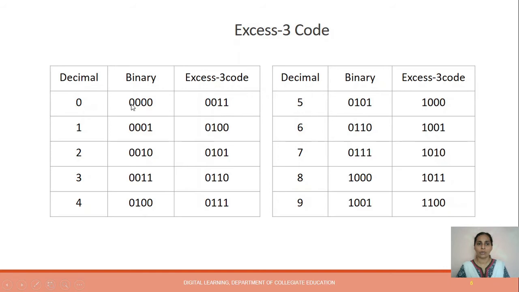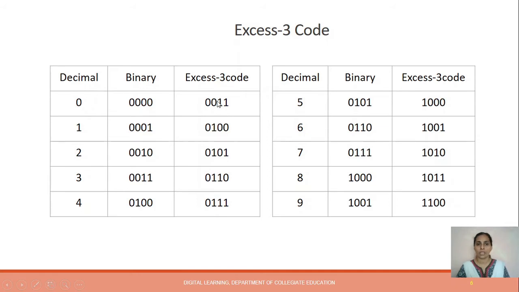Here 0 in binary is represented as 0000, and the same thing in XS3 code is represented as 0011, which is the equivalent of 3. 1 is represented in binary as 0001, and in XS3 code as 0100, which is 4.